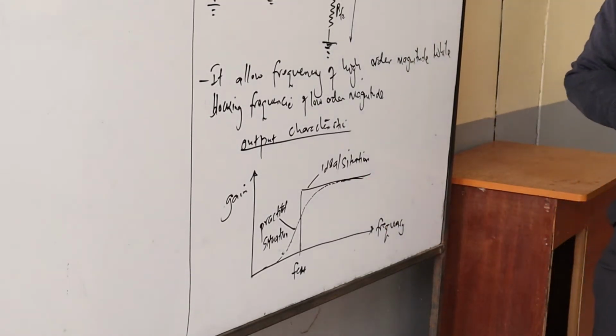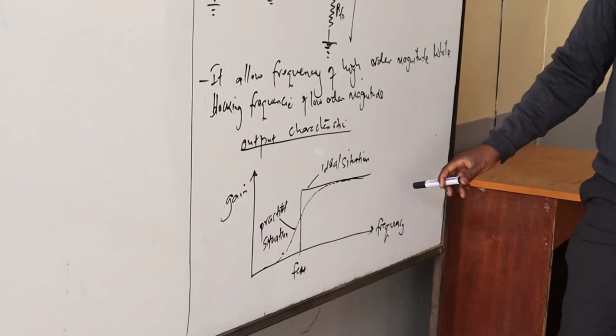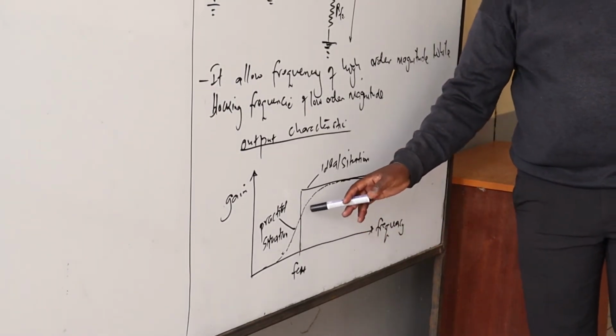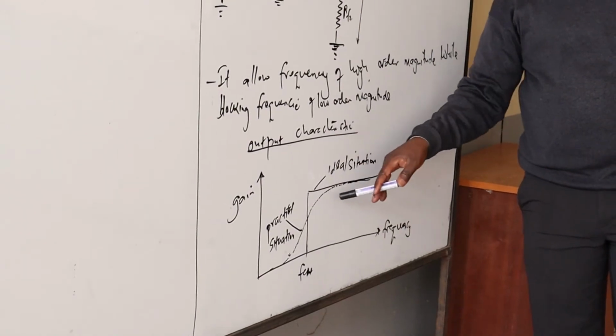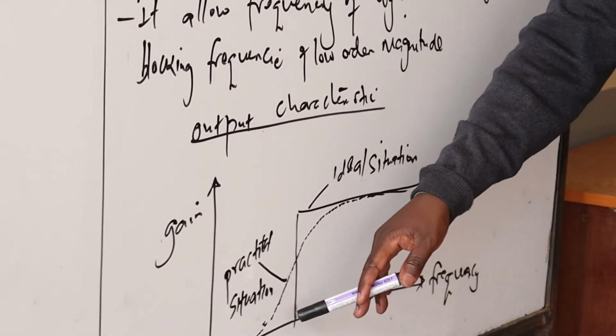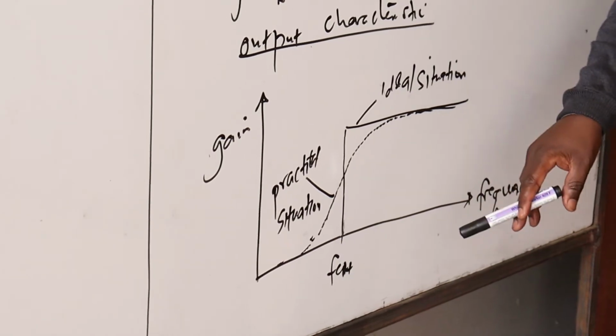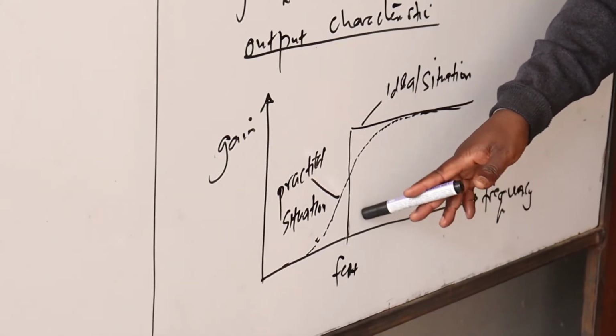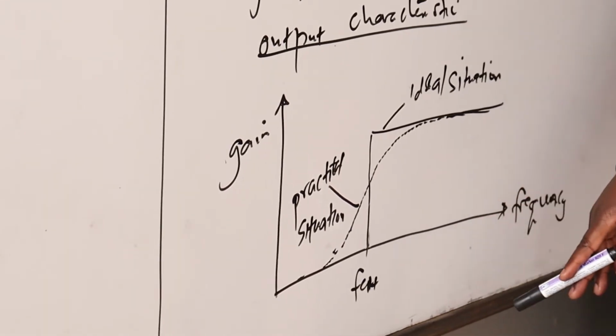So when you look at this, we are going to realize that for the practical situation, the curve is not actually vertical. It's in an increasing order, so that the switching starts when we are slightly above the cutoff frequency.